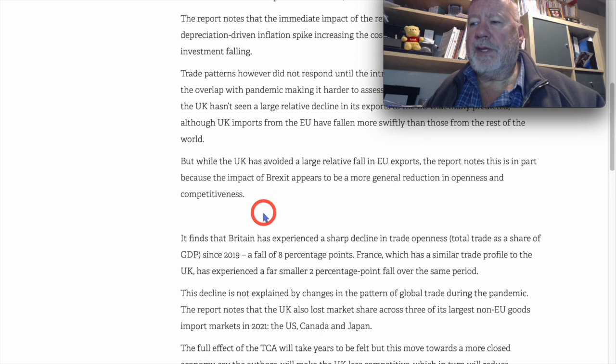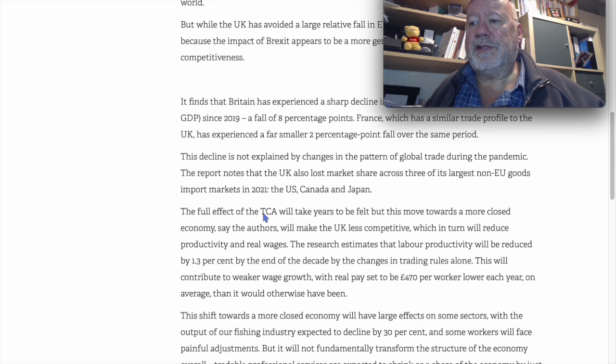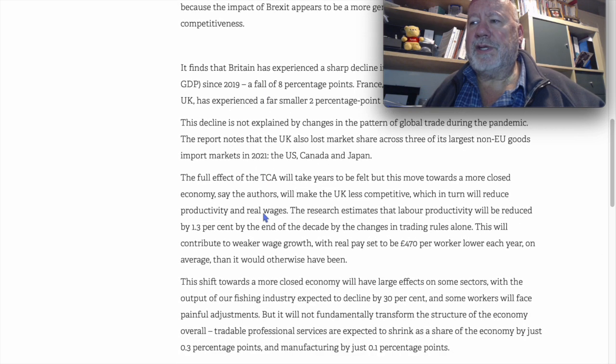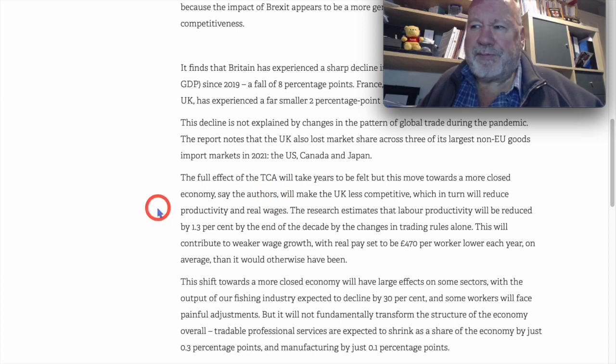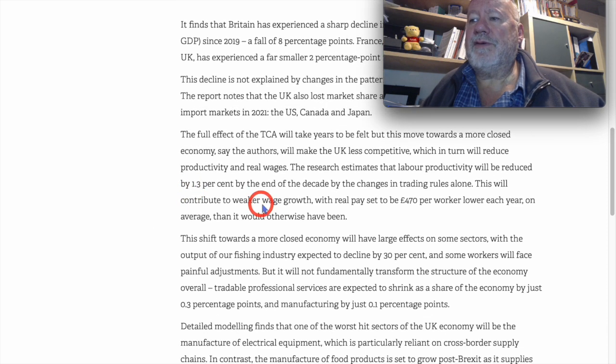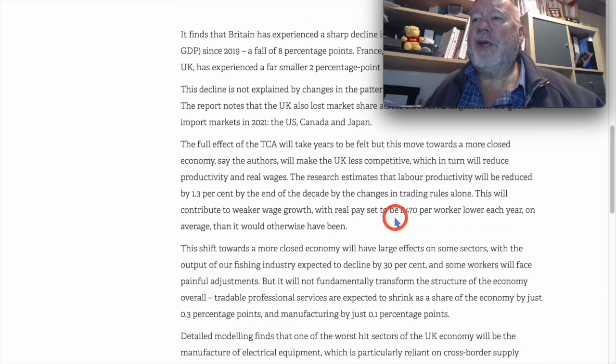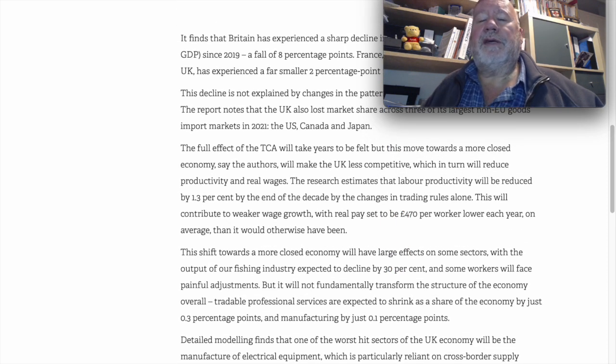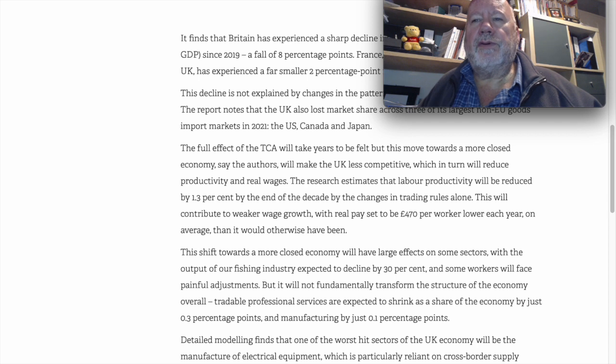So the argument is that Brexit has actually reduced our competitiveness over time, and you can read this further if you want. Labour productivity, they say, will be reduced by 1.3%, etc. That leads to lower wage growth and those sorts of things. So hopefully that gives you a good context for this.